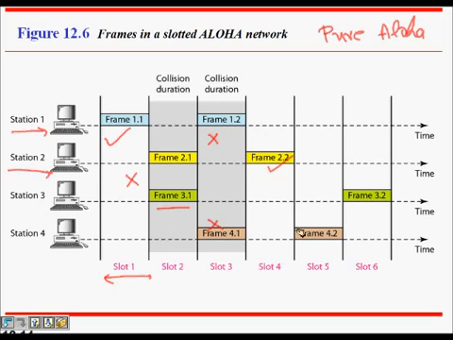In the fifth slot, only station 4 sends, it works fine. Now you can see our vulnerable period has decreased. There is no chance that any previous frame will collide with a new starting frame. Now our vulnerable time is just one frame slot, one TFR. So that helps in improving the throughput.